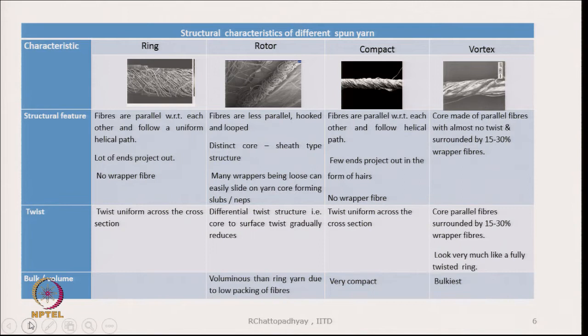You can read yourself and find that every yarn is unique in nature, and there are certain properties in which one will be different from the other, and therefore, depending upon the type of fabric that we want to produce or the properties that we want to bring into the fabric, we can choose the right type of yarn.